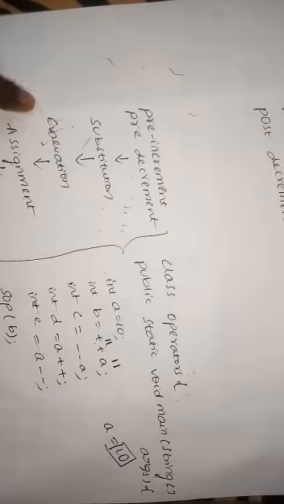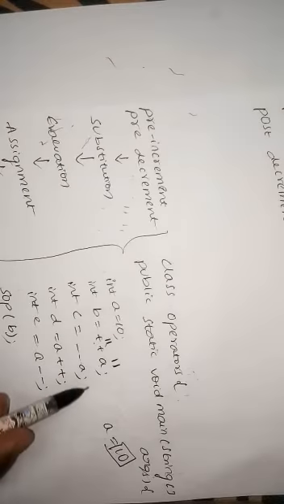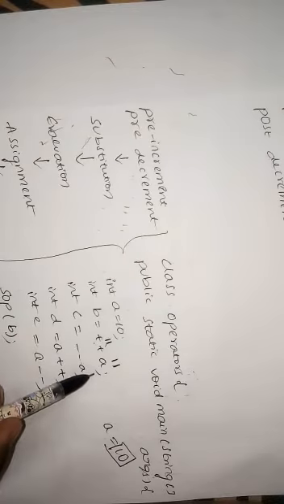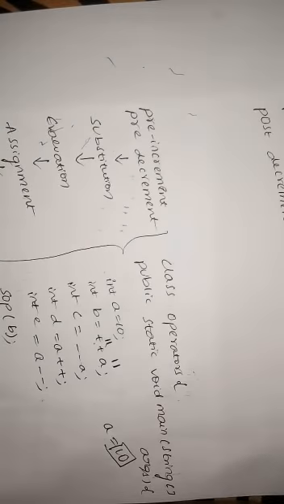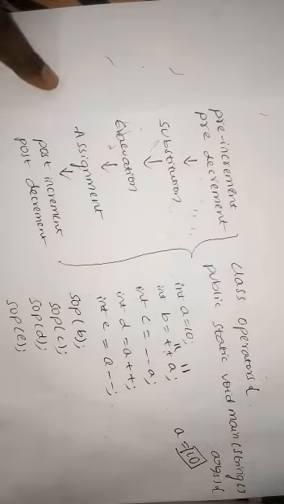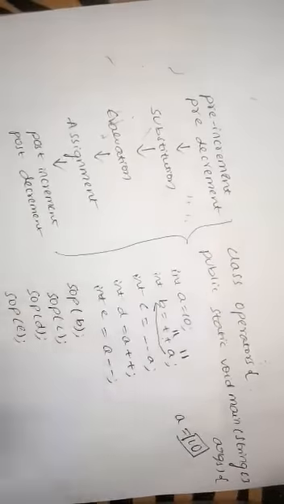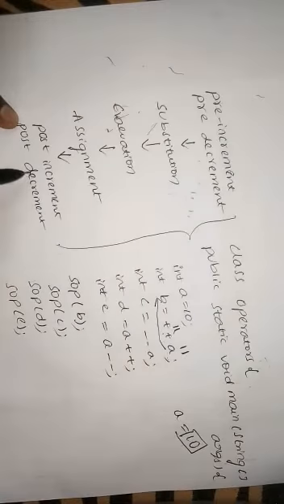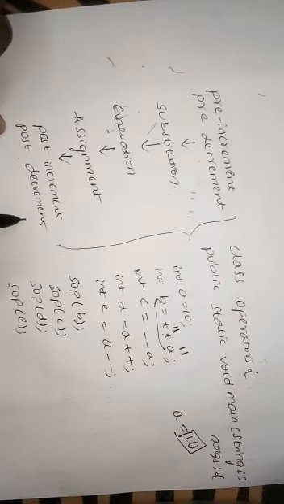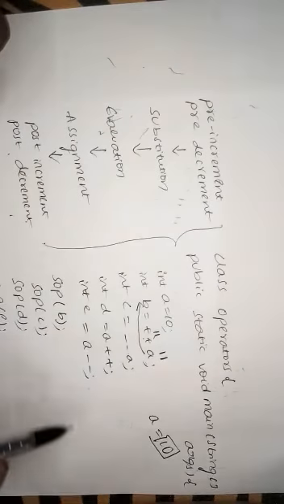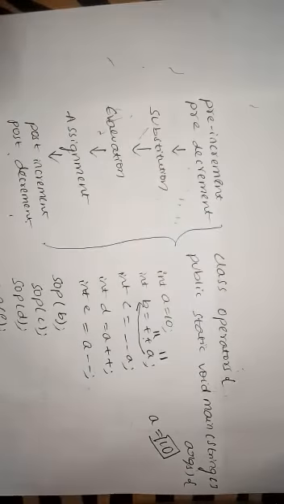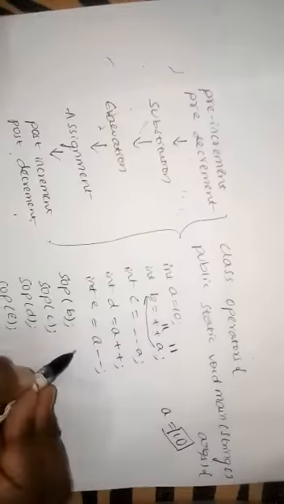Next step, evaluation. There is no further expression after the pre-increment statement, so we can leave that evaluation step. The next step is assignment. The value of a is assigned to b. Next step is post-increment or post-decrement. There are no further post-increment and post-decrement operators, so it will print b equals 11.